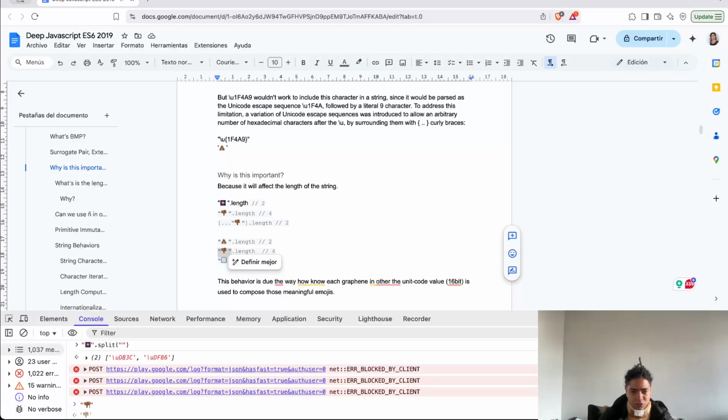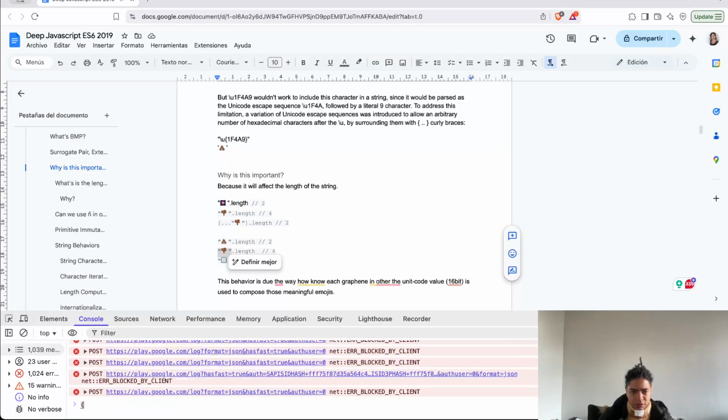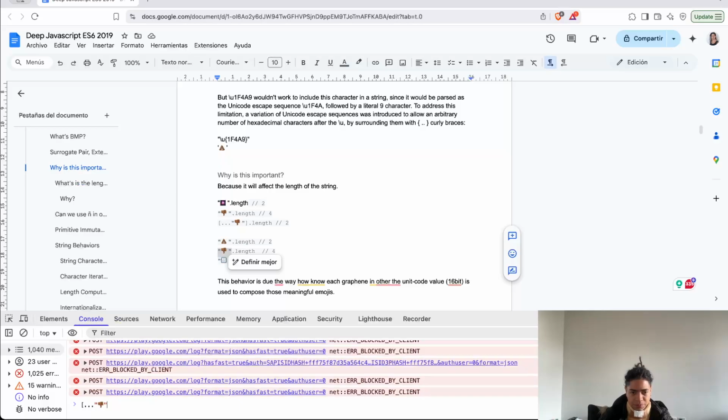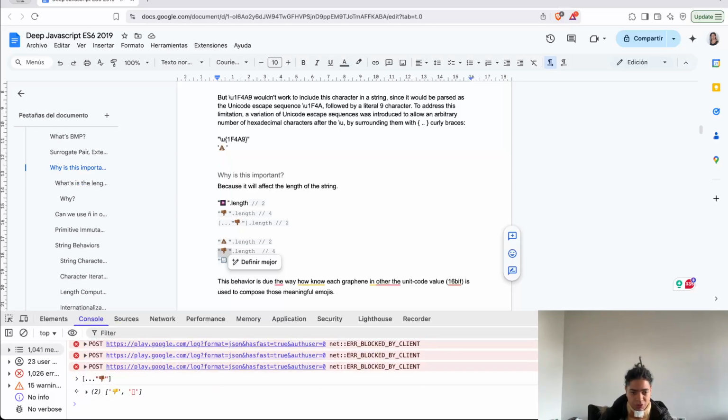When you do this, or split in this fashion, you see the composition is made of two surrogate pairs, where combining them gives you this, and I don't know why it doesn't render the dark skin tone. This actually represents a dark skin tone. That's why you have this.